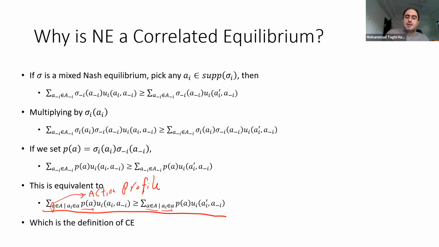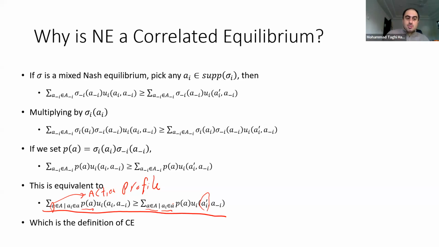Here again, landing probability of a. So far everything is about a, about a_i essentially. And then here we take the utility of any other actions. So the landing probability in both cases is P of a, and P of a is the one that a_i was included in. So we don't change the probability distribution when we take these things.